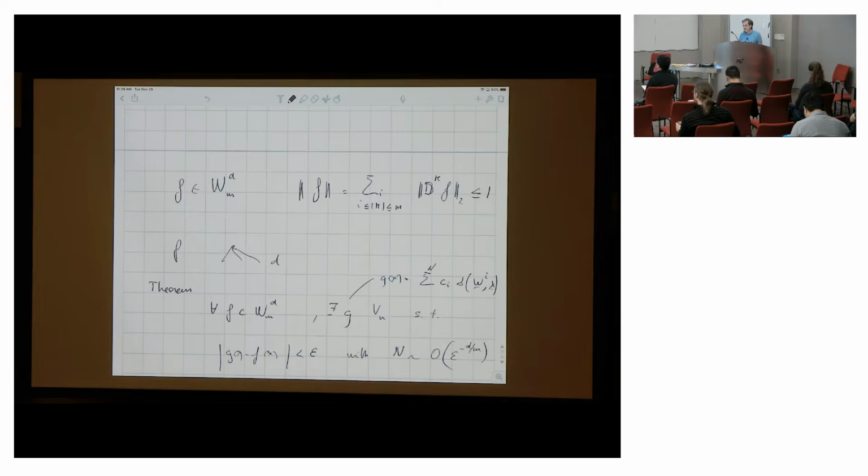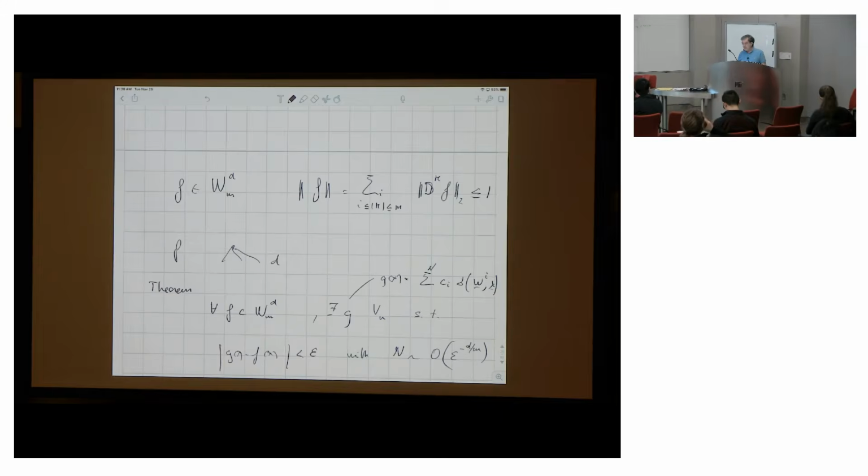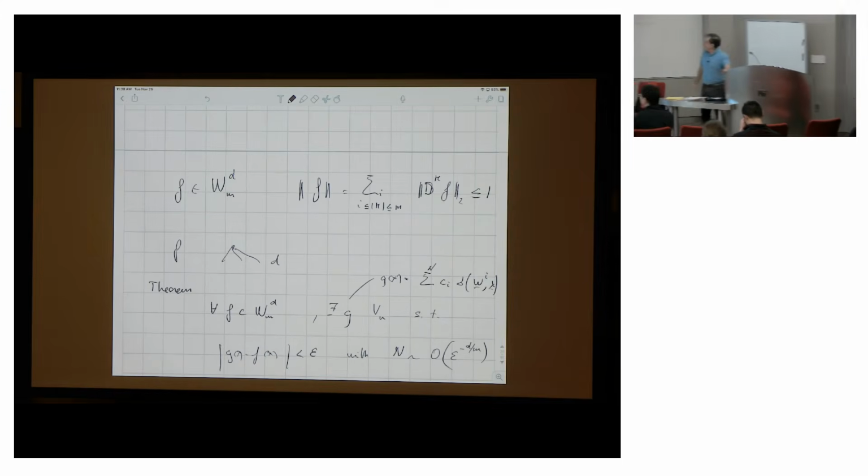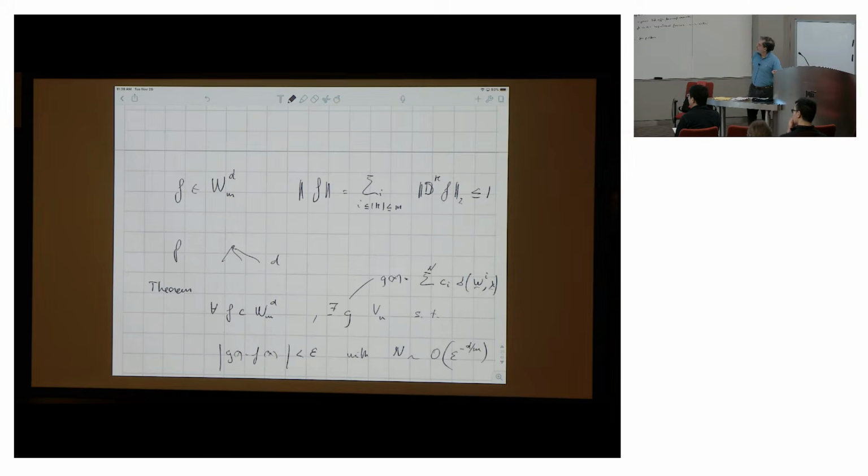This would be in the hypercube, on any point in the unit, or on a ball. So this D^k would be like d^k f over dx1, dx2, ..., dxk, all possible combinations up to order k.